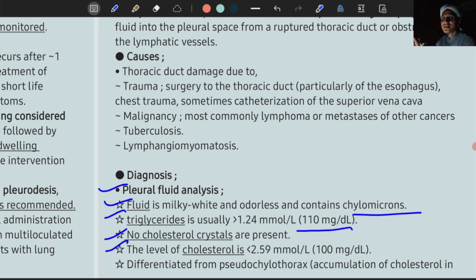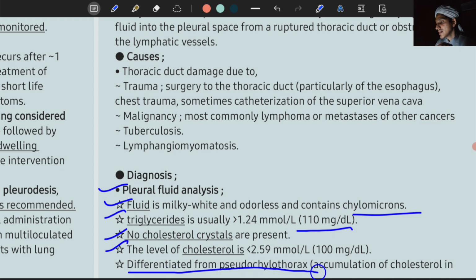As a general rule, in true chylothorax triglycerides will be high because cholesterol is not deposited. In chronic effusions cholesterol is deposited, so cholesterol will be high and triglycerides low. In true chylothorax, triglycerides are more than 110, cholesterol crystals are absent, and cholesterol level is generally less than 100 milligram per deciliter. This should be differentiated from pseudochylothorax.